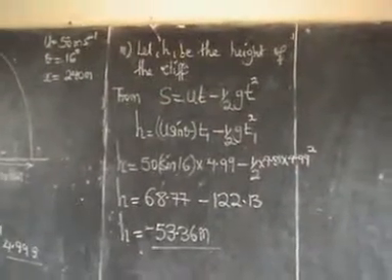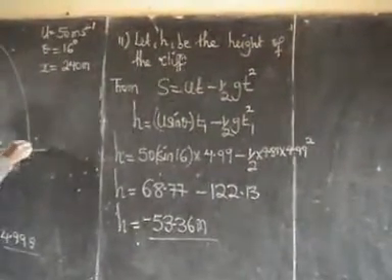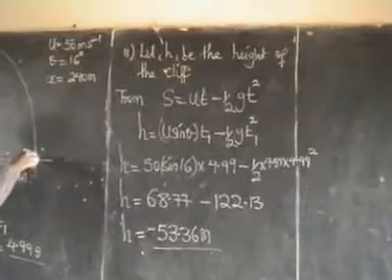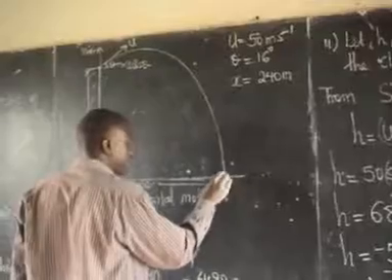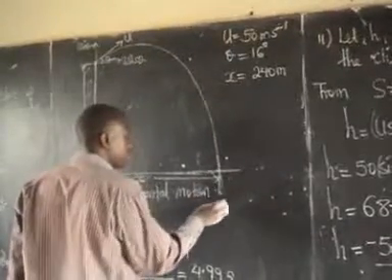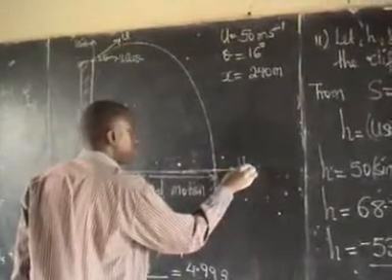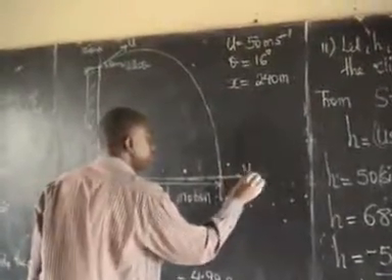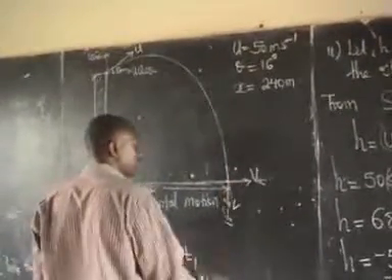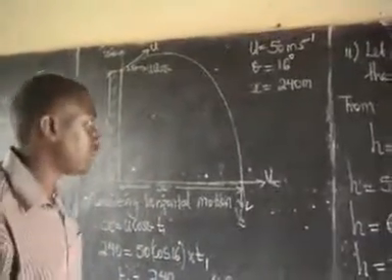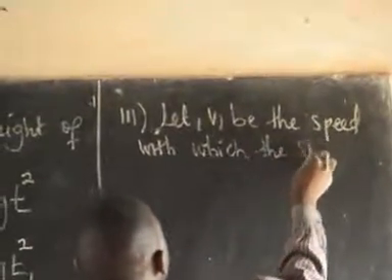So Roman 3, the speed with which the stone hits the ground. In this case, if this is my point and the speed is v, this one remains the same, so it's only the vy which changes. Then I will find this using the resultant of the two components, with which the stone hits the ground.